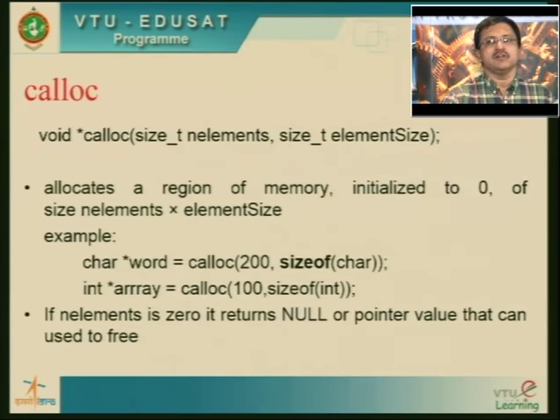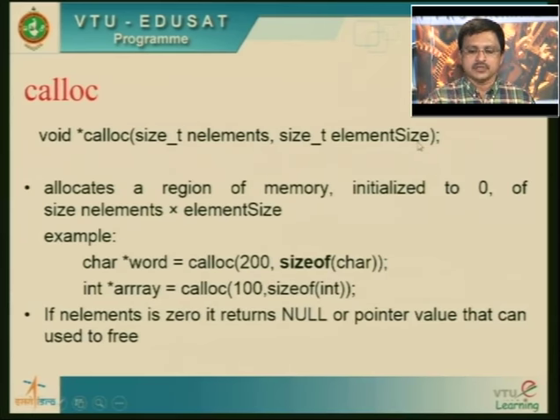Calloc is a variant of malloc. You give n elements and then the element size. It allocates a region of memory just like malloc, and initializes it to 0. For example, if I say char star word equals calloc 200, size of char, a block of 200 characters is allocated, and the starting address of that is returned.